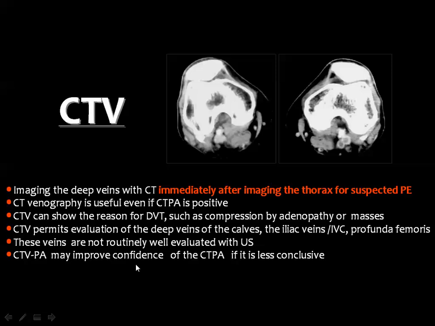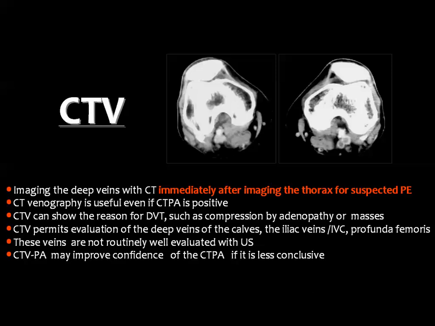Then CT venography is performed by injecting the contrast material either in the antecubital vein or in the dorsum of the foot. We inject both sides to see both limbs if it is indicated.